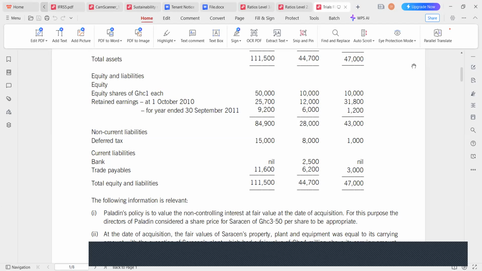Make sure you add the equity before the NCI, then you add NCI to it and get a figure. If you add NCI directly to equity, it's an unacceptable presentation. Okay, sir, thank you.